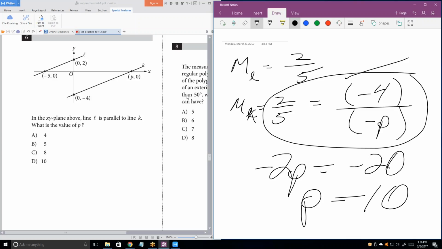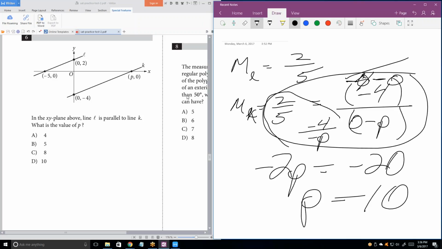What I have circled is the slope, which is 2/5, equals 0, or the way you did it was negative 4 minus 0, which means you have to do 0 minus p in the denominator. And that gives you negative 4 over minus p.